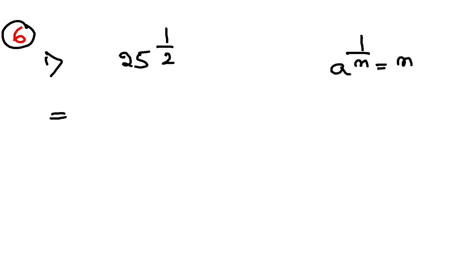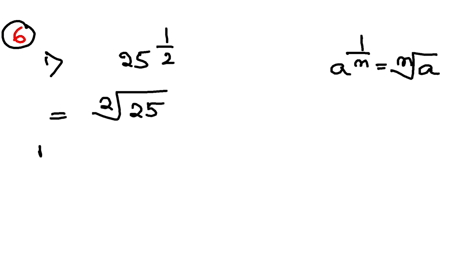Okay. So the first one is 25 to the power 1 by 2. Now you have to write in radical form. So what I'll do, we know a to the power 1 by n is what? The n-th root of a. Applying this formula, this will be the 2nd root, the square root rather, of 25.